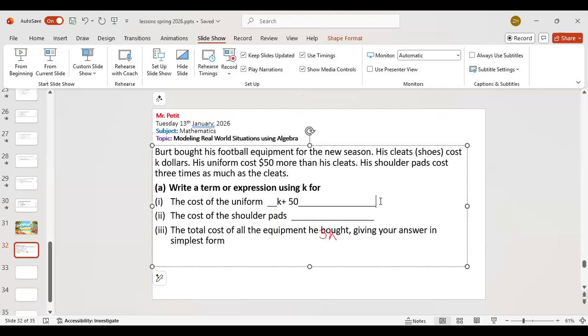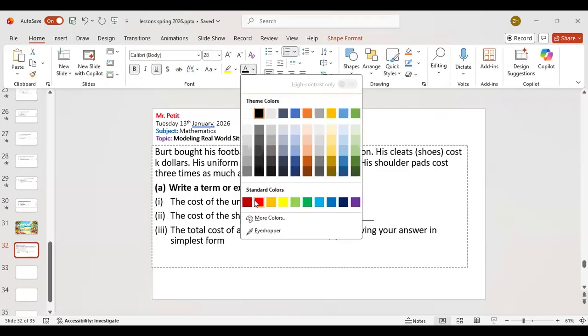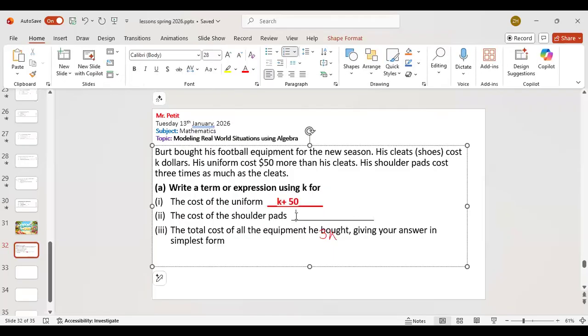Let me put that in red so y'all can see it properly. We put that in red to know that's the answer. The answer for the second one was what? 3K, or 3 times K, right?